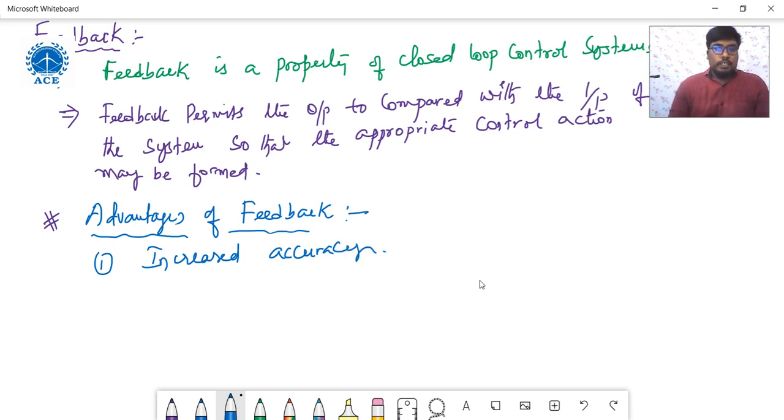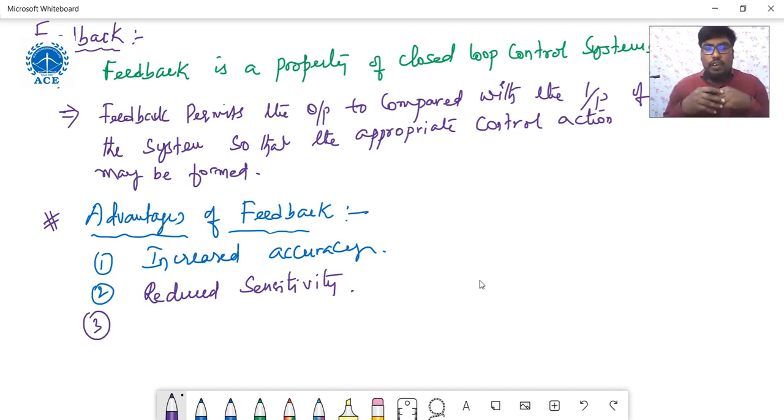Second one, if we take a proper design, then the sensitivity also reduces. So we need to maintain sensitivity very low. So by using feedback, reduced sensitivity. Okay, so this is a very important factor actually, right?